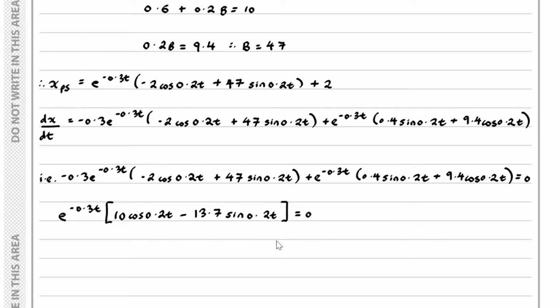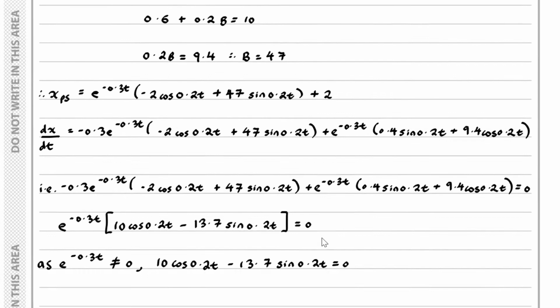And all of this is equal to 0. Now, as e to the minus 0.3t does not equal 0, we've got 10 times by the cosine of 0.2t. So let's just write this out. Minus 13.7 times by the sine of 0.2t. All of this is equal to 0.